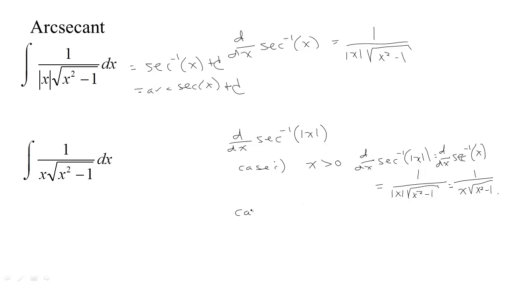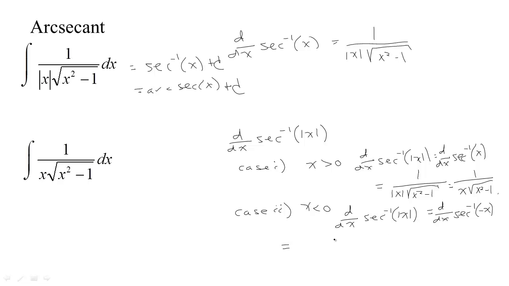On the other hand, in case 2, if x is less than 0, then when you're taking the derivative with respect to x of the arcsecant of the absolute value of x, you're just taking the derivative of the secant inverse of the opposite of x, because if x is negative, the absolute value of x is the opposite of that negative number. So negative x would actually be positive in this case.